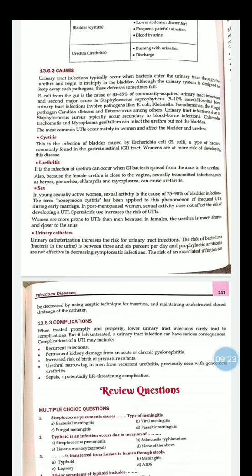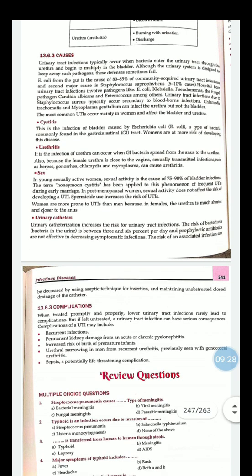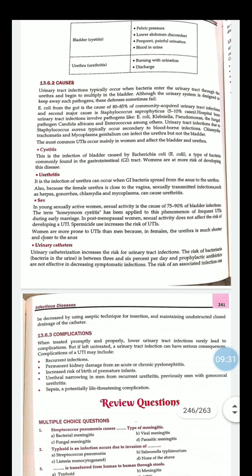First, recurrent infection, then permanent kidney damage from acute or chronic pyelonephritis, then increased risk of birth of premature infants, then urethral narrowing in men from recurrent urethritis, previously seen with gonococcal urethritis, and sepsis, a potentially life-threatening condition.